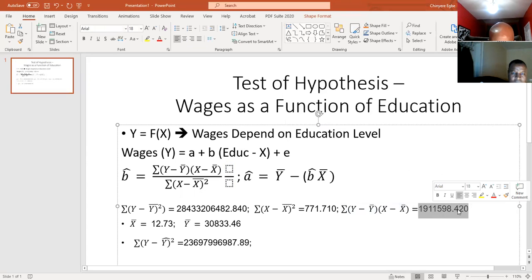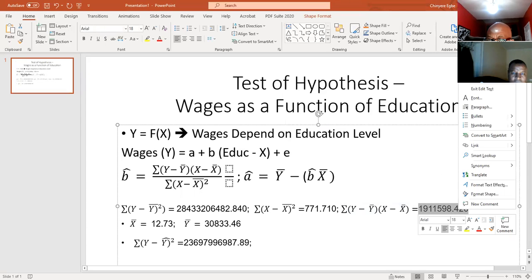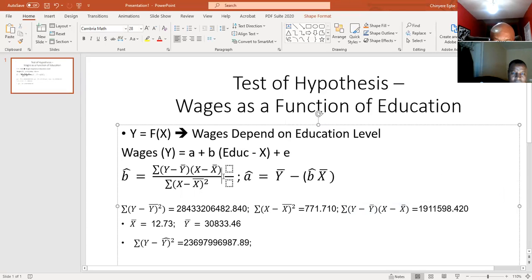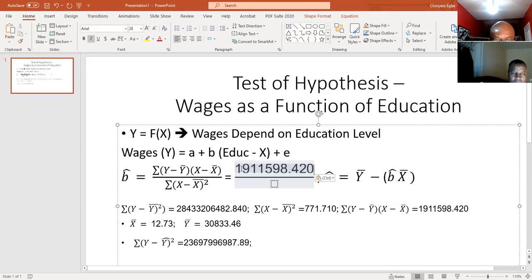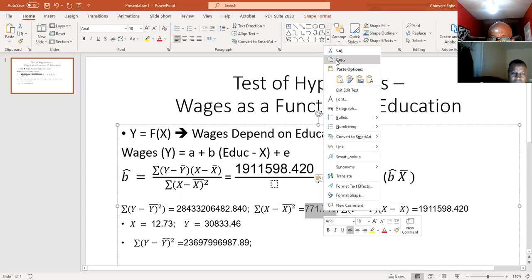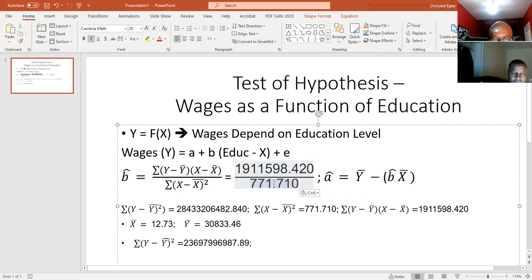Summation y minus y bar times x minus x bar, we take it in. All right. And summation x minus x bar squared, we have it here. We plug it in. And so be it. So we have that.